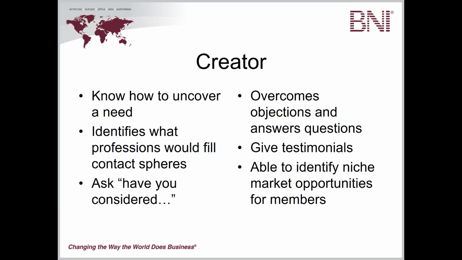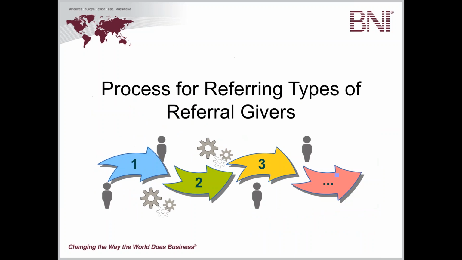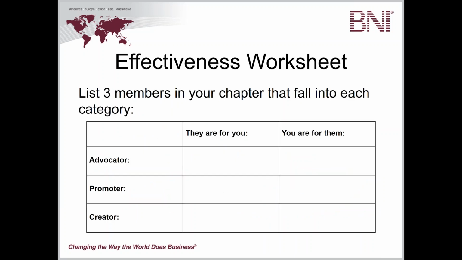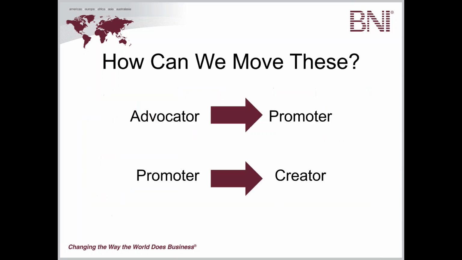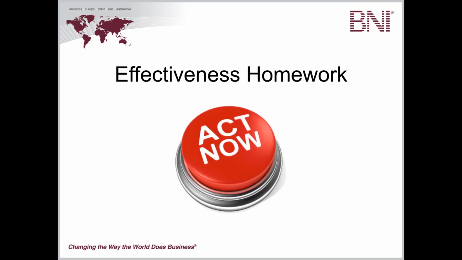So now let's move on to the types of referrals. There's the effectiveness worksheet. I can send it, but it's pretty much just write 3 names and 2 columns. We talked about moving those, and the biggest thing, homework, it's always great, isn't it?